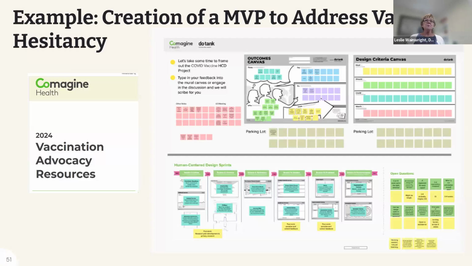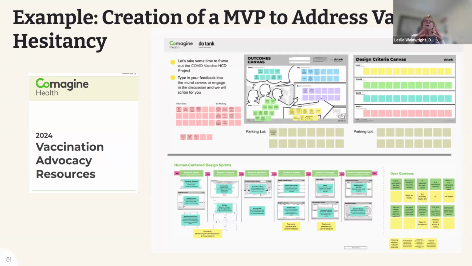This is a particular project that the broader DoTank team was part of in conjunction with Comagine, where we were trying to assess the challenge with vaccine hesitancy within nursing homes and how to arm providers to have a much more empowered conversation in that regard. And one of the tricks with this was truly understanding what type of tool could be useful in engaging in that conversation.